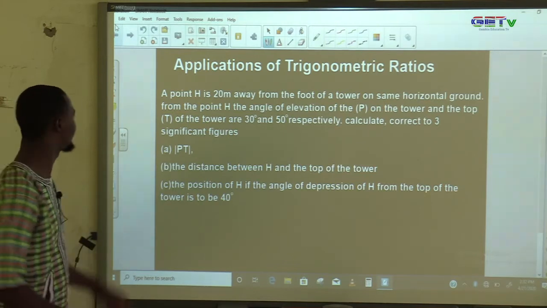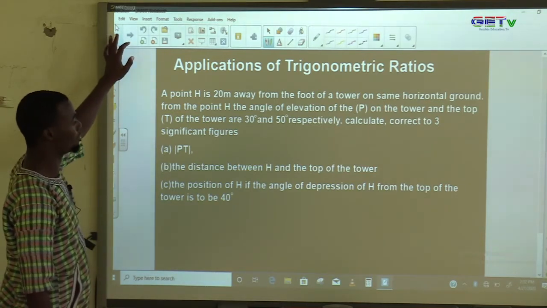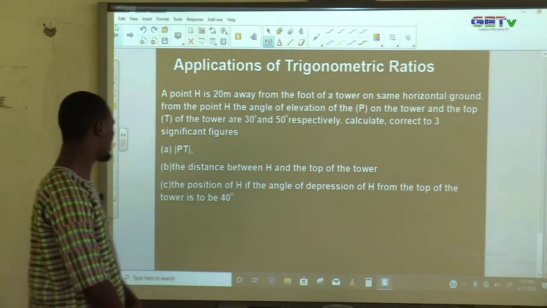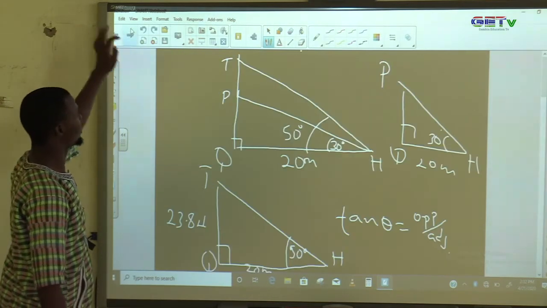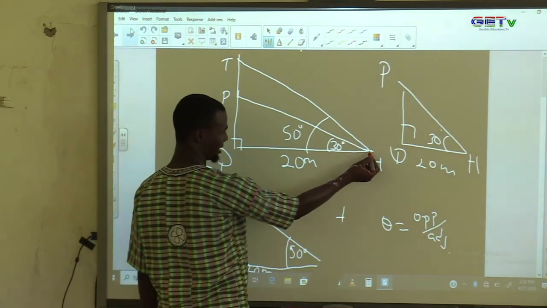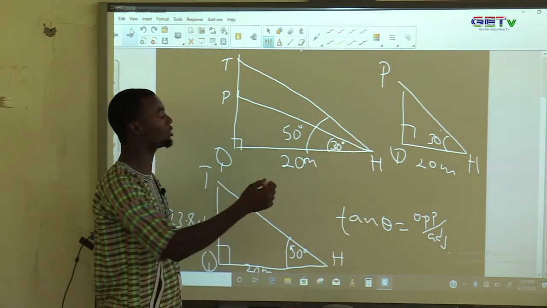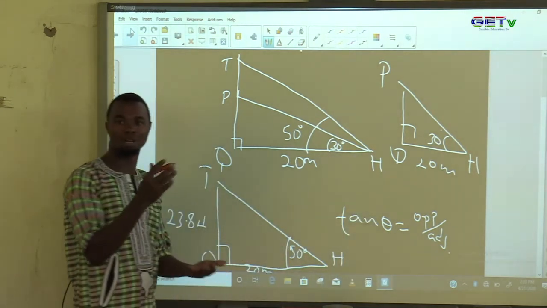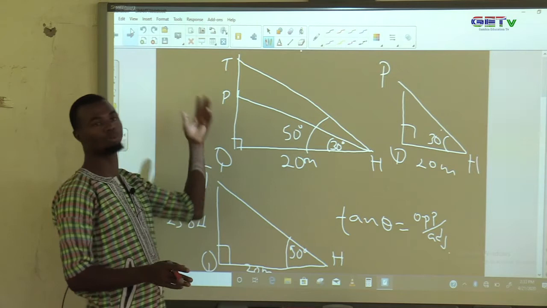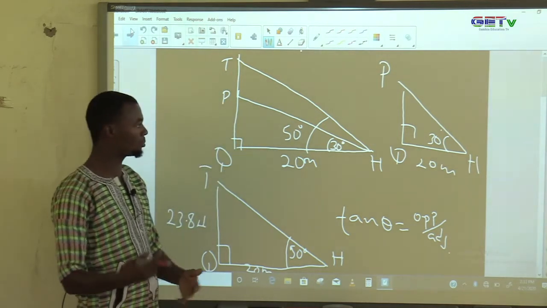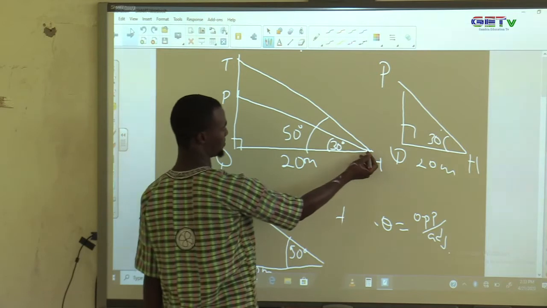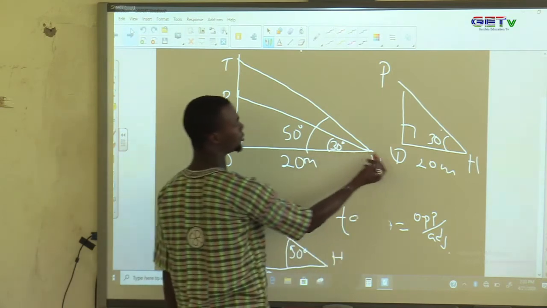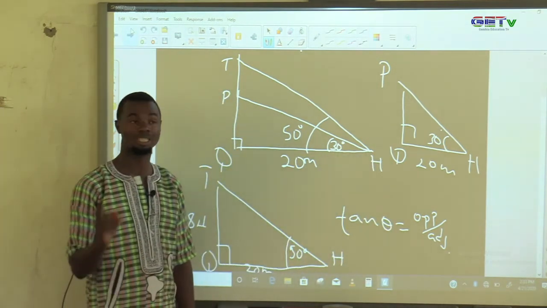It is technically also the angle of elevation from H to the top of the tower being 40 degrees. Where will the position of H be? Is it going to come closer or go farther? That position of H is very important.